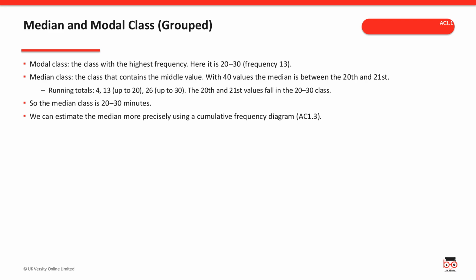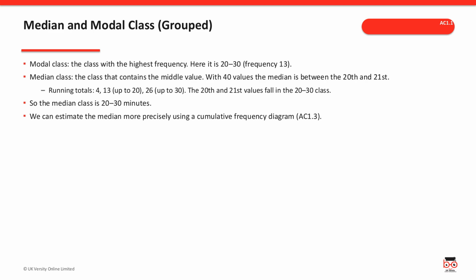2 more things we can read off grouped data. The modal class is just the class with the highest frequency. And here, that's 20 to 30 minutes, with 13 customers. The median class is the one holding the middle value. With 40 customers, the middle sits between the 20th and 21st.